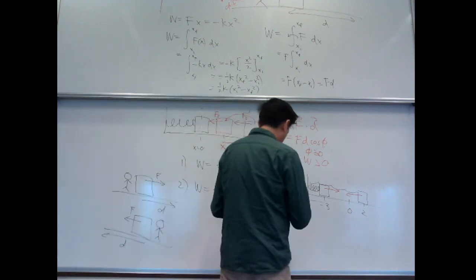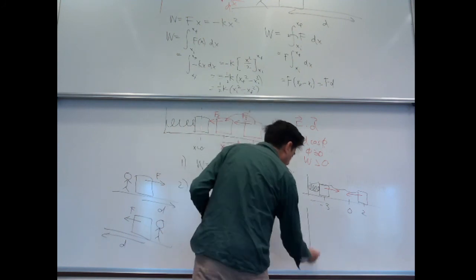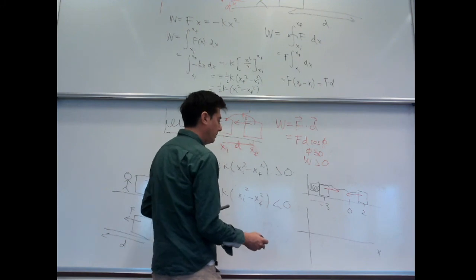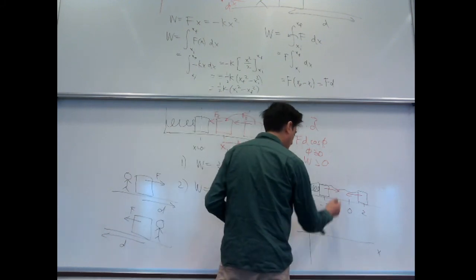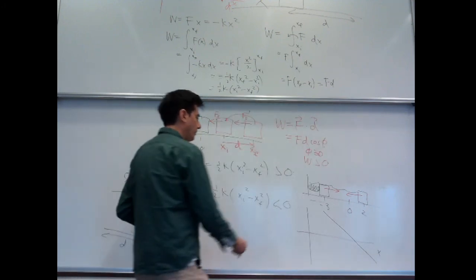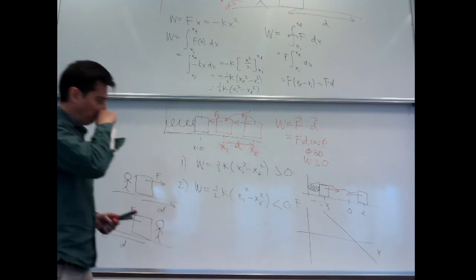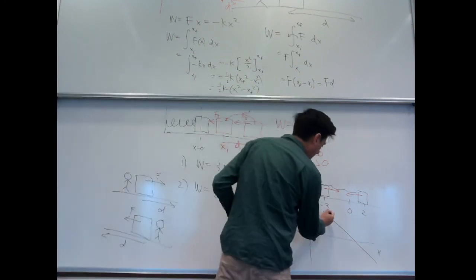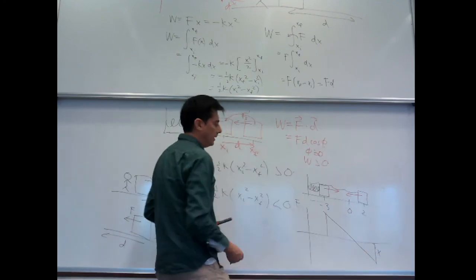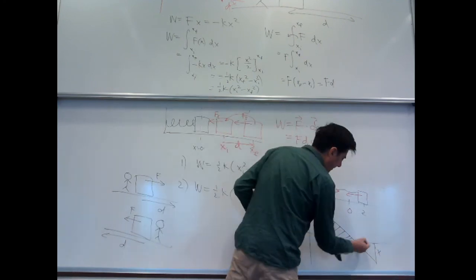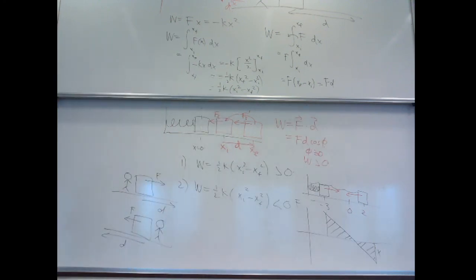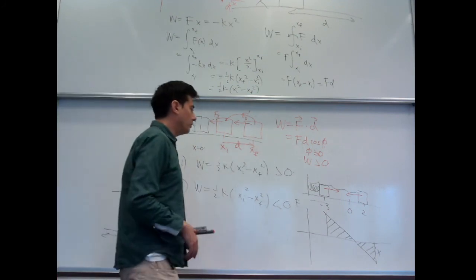So if you were to draw a force-position graph, this way is positive, and it'll look like this. This is the force, and when you talk about the work, what you're actually doing is calculating this area here. And you can see that that thing's positive. This is why you get a positive answer here.